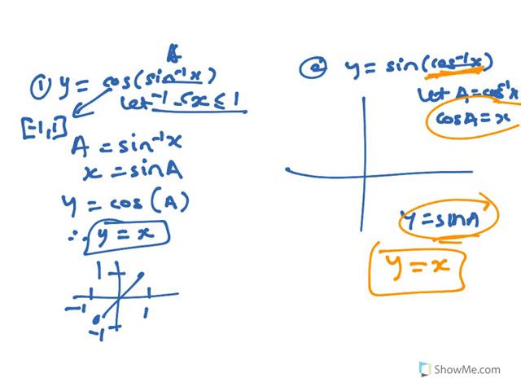But because you're looking at this original one, the x is restricted between 1 and minus 1. And because the y is a sine function, the y will be restricted between 1 and minus 1. So it's a line, y equals x, between 1 and minus 1. So then that'll be between 1 and minus 1 on your domain as well.